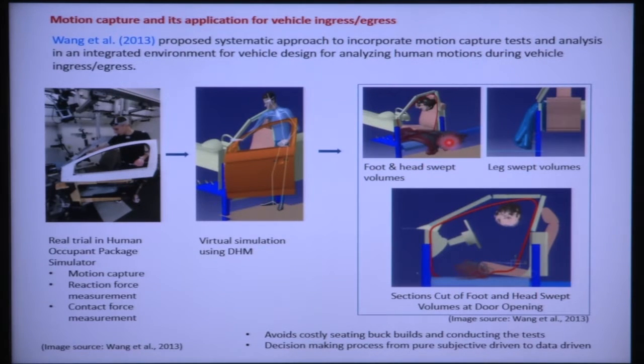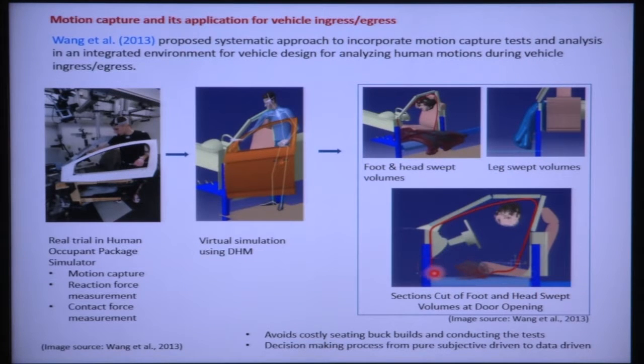Similarly for the foot, how the foot goes from outside the vehicle to inside, or while the driver is seated and coming out, how the feet come out. So, this is the swept volume for feet. Similarly, this is the swept volume for head. They also analyzed the swept volume for the leg. So, it is represented here.